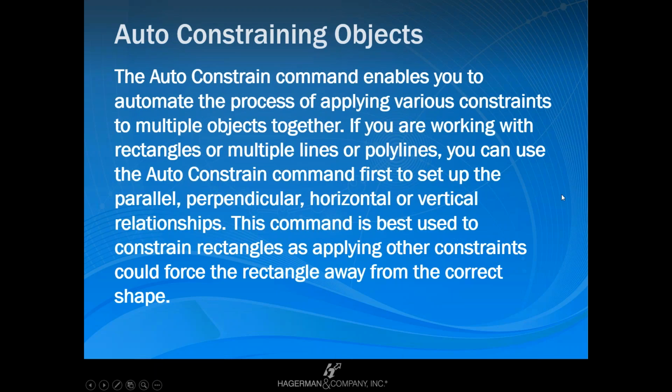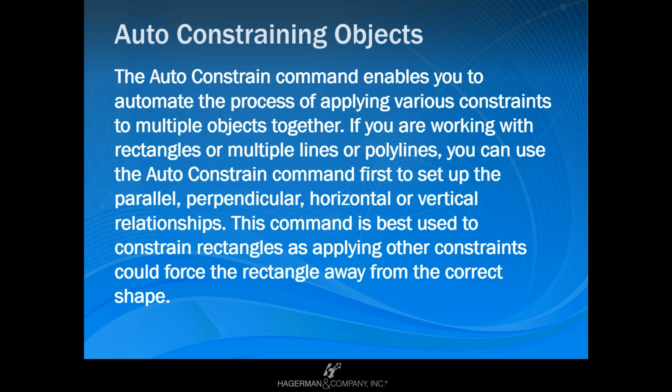As far as auto-constraining objects, like I just touched on, it enables you to automate the process of applying various constraints to multiple objects or single objects if that's what you choose. If you're working with rectangles or multiple lines, polylines, you can use the auto-constrain command first to set up your parallel or your perpendicular, your horizontal, whatever constraints that you want in the relationship.